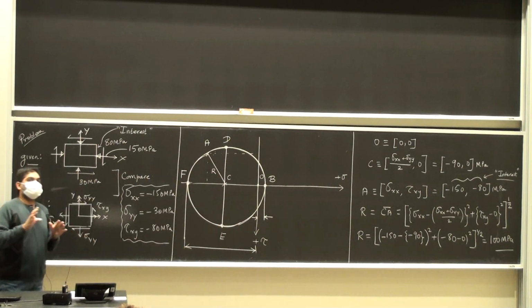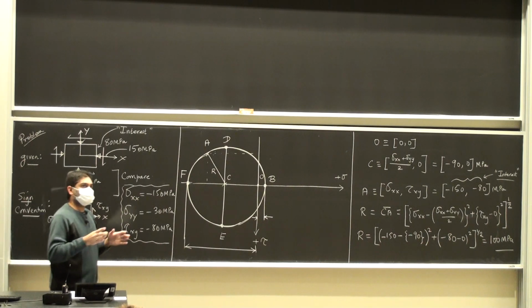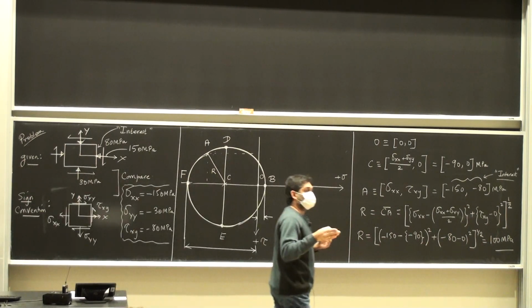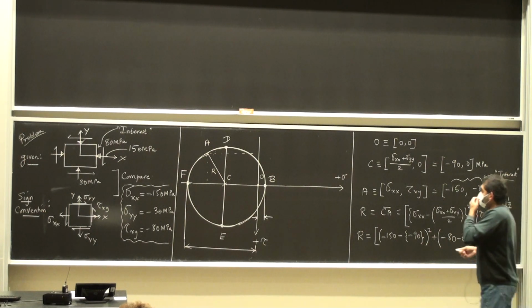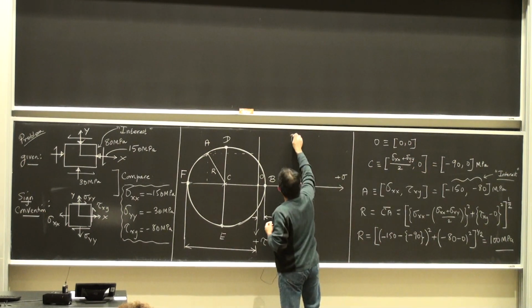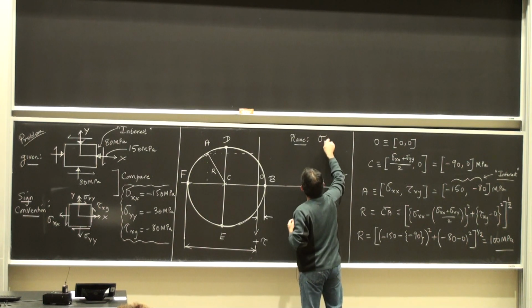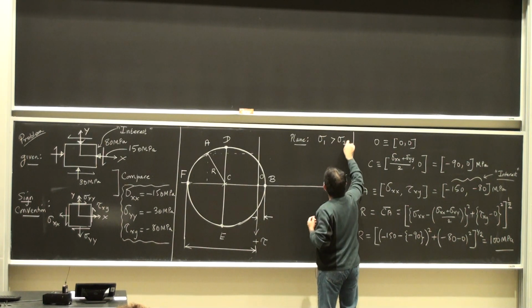We typically call them the principal stresses, sigma 1 and sigma 2. On the plane state of stress, sigma 1 is typically taken to be greater than sigma 2.